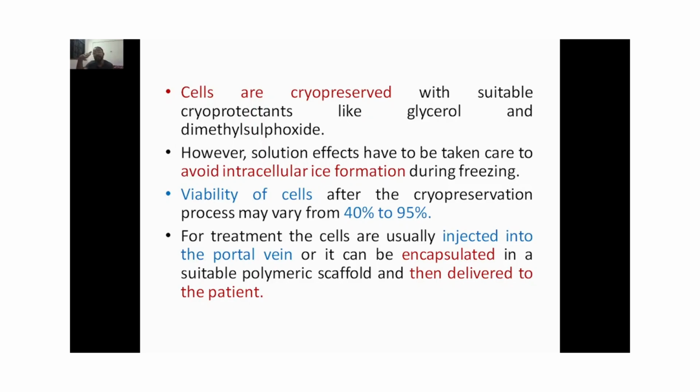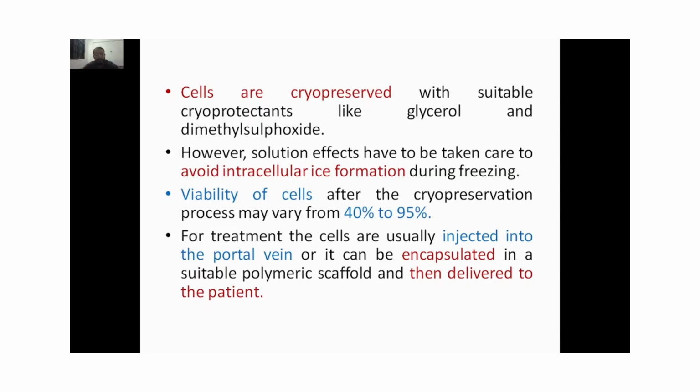However, the solution effects have to be taken care of, to avoid intracellular ice formation during the freezing. There should not be any ice formation inside the cells. That should be taken care of. But the viability of the cells after the cryopreservation process may vary from 40 to 95%. Can you imagine? Imagine I am keeping the cell today for cryopreservation.